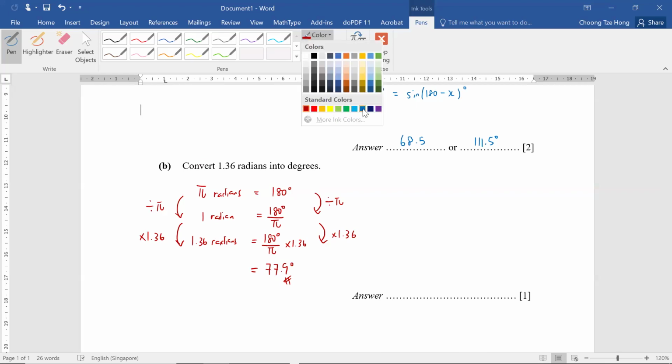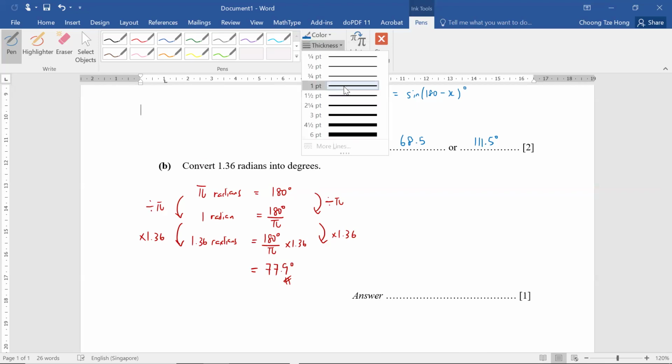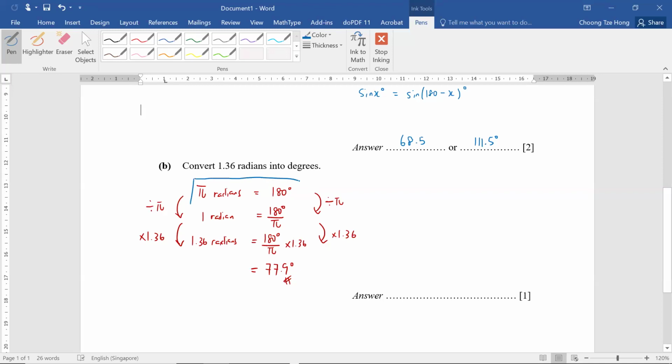To convert between radians and degrees, pi radians is equals to 180 degrees. Then from there on, all you need to do is just do some proportion and you should be able to get the answer already. So the answer for this part B will be 77.9 degrees, to 1 decimal place.